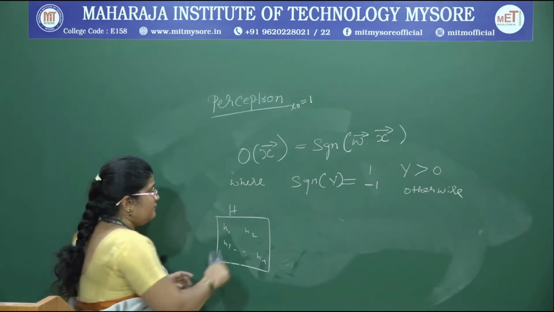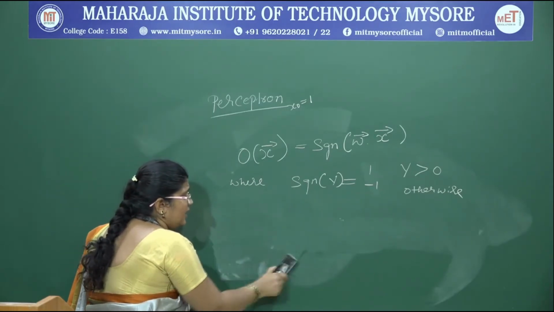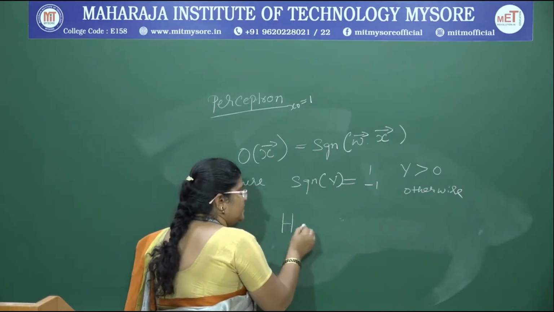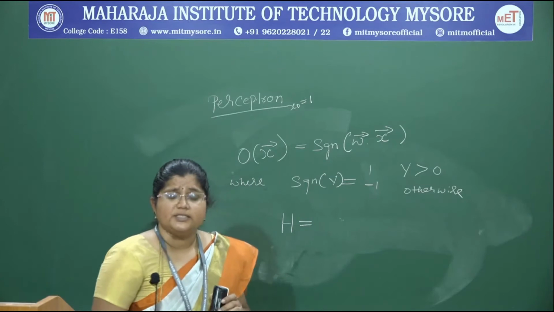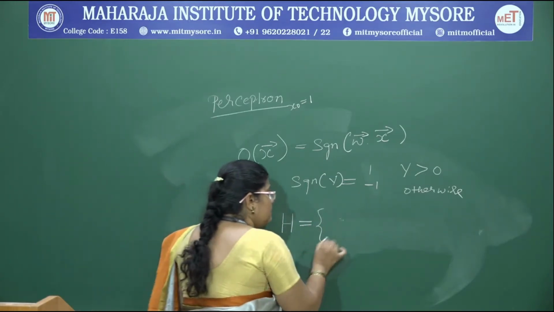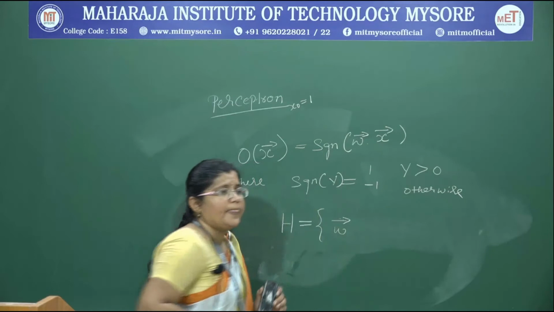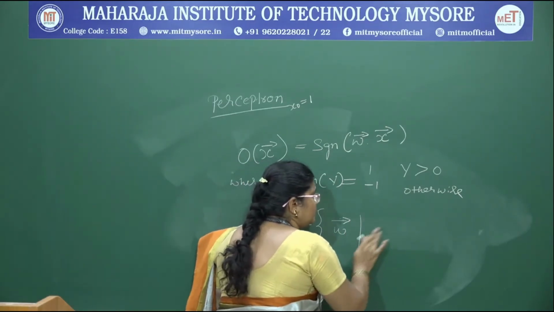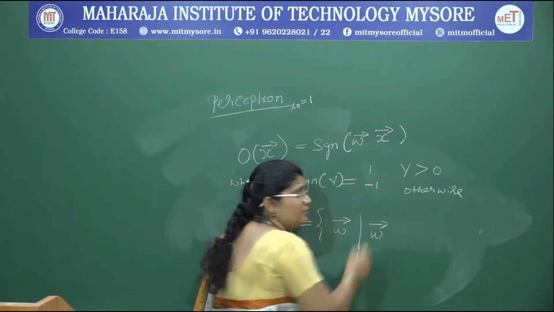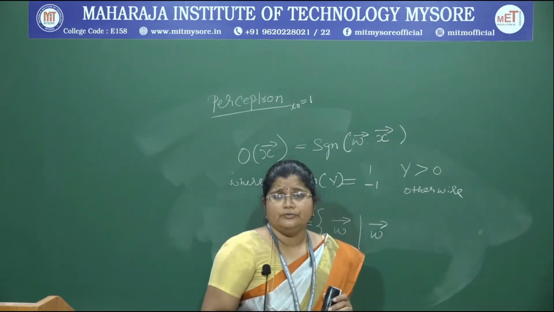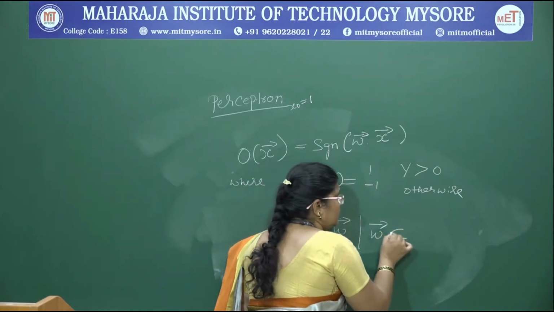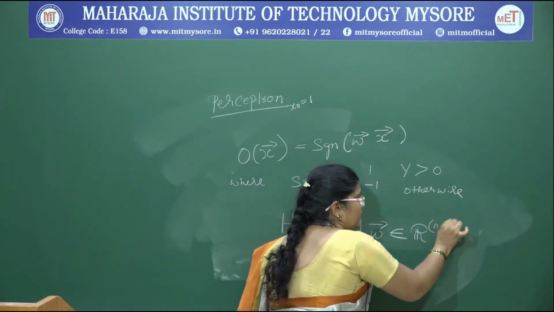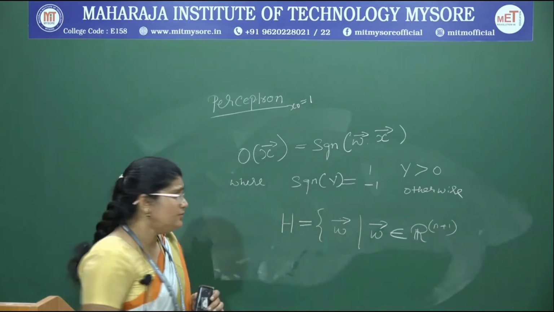That is why the capital H is equal to vector of W, where every vector of W is a real valued vector that belongs to R to the power n plus 1.